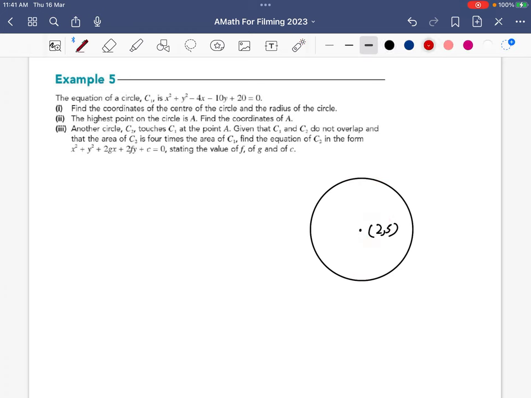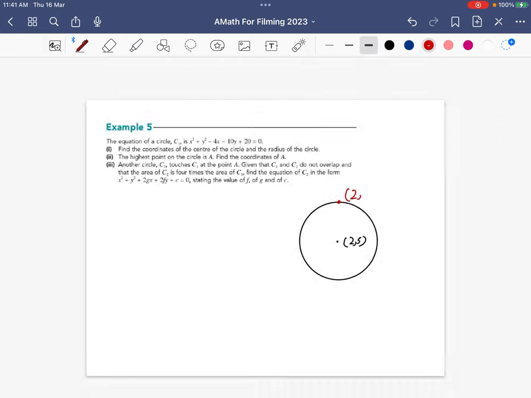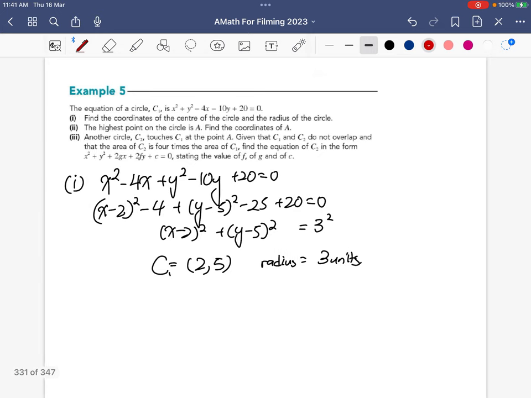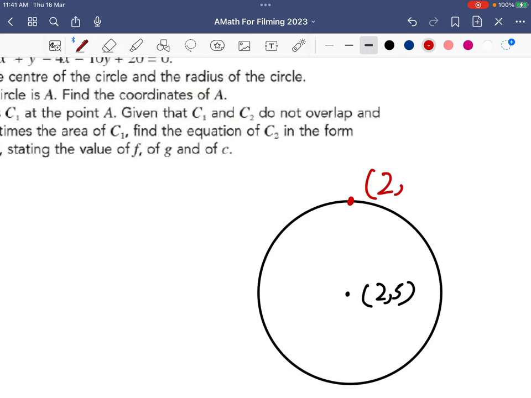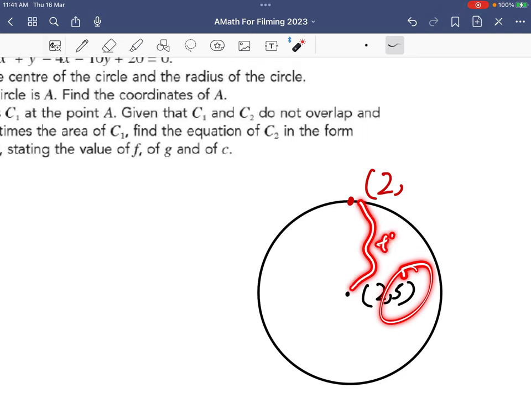So let me just write it down for you. The x coordinate will be 2. However, what is the y coordinate? We can do this by counting. The radius was 3 units from the previous part. The highest point would lie directly above the center, so if you notice, this is 5, plus 3, this unit here will be 8.